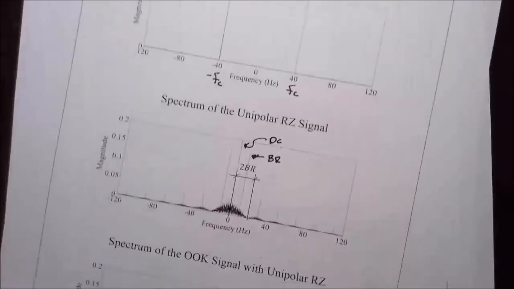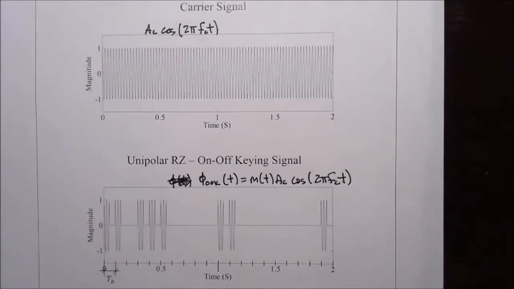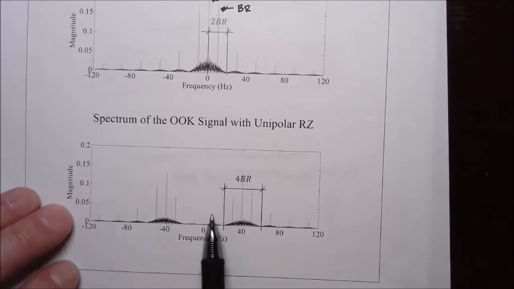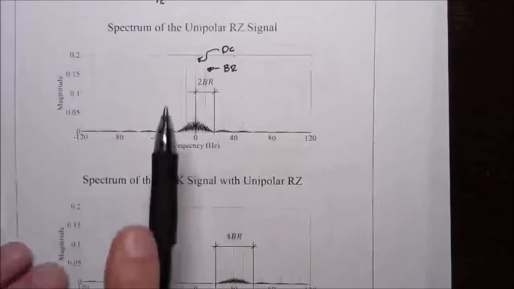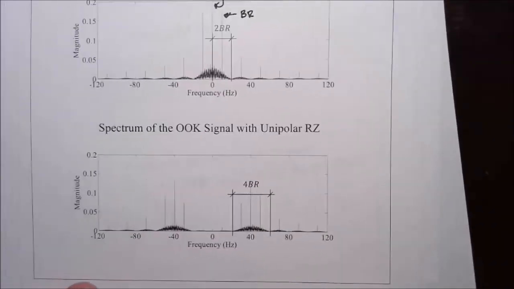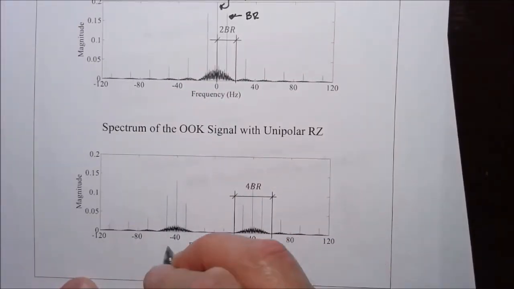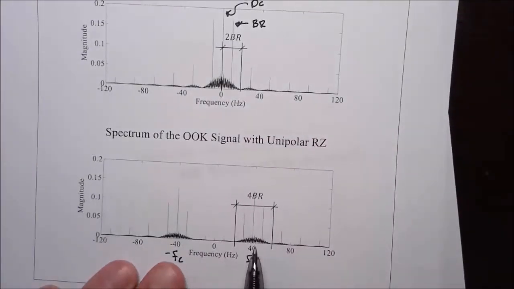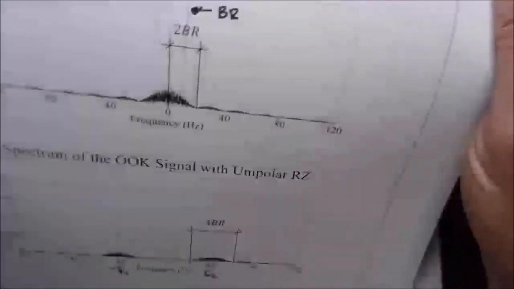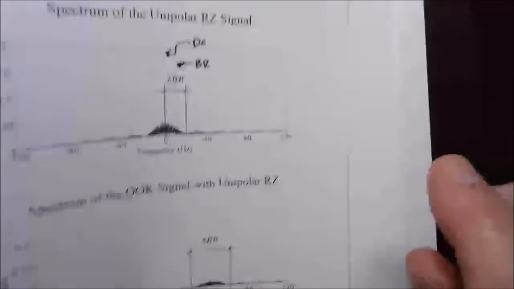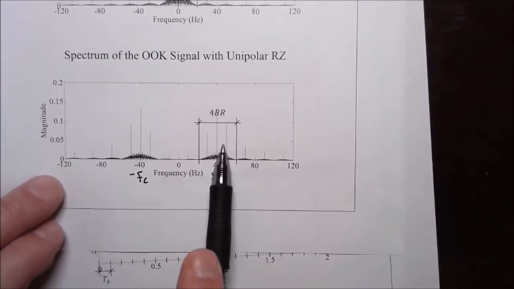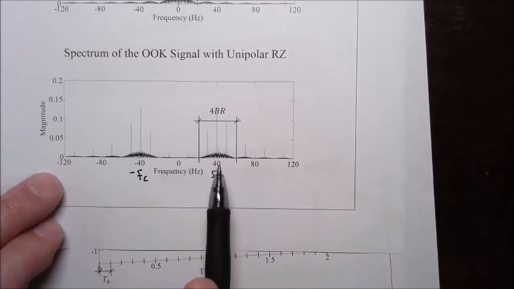So I had MATLAB take the fast Fourier transform of this modulated signal, and the result is exactly what we expect. We get this shape replicated and centered at the carrier frequency at 40 Hertz, and at minus the carrier frequency. We've got a strong component at the carrier frequency that corresponds to the DC component, and we've got these two components as well, and all of the odd harmonics.